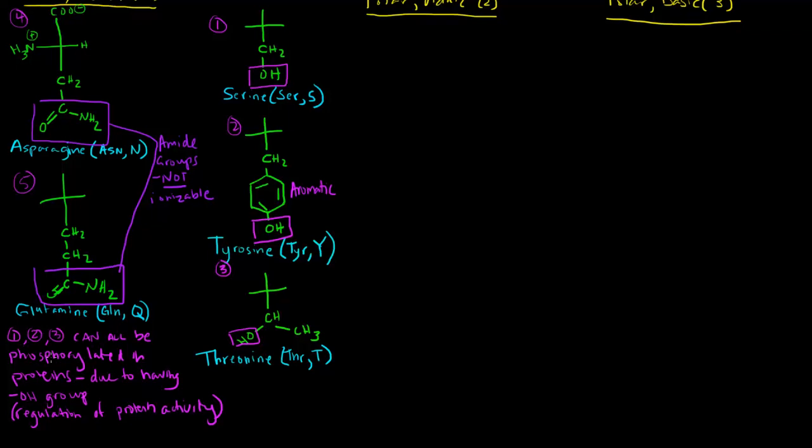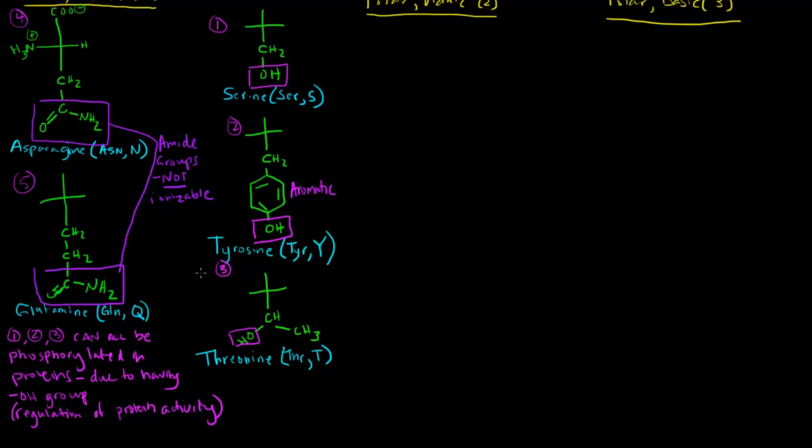Sometimes phosphorylating a protein could activate it, sometimes it could deactivate it. It depends on the protein itself, but the whole idea is that phosphorylating one of these 3 amino acid residues on a protein alters its structure.